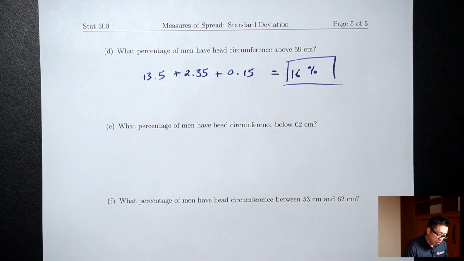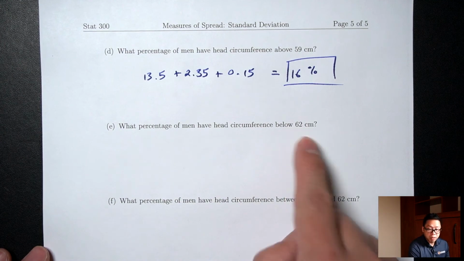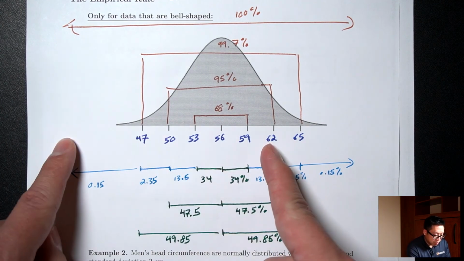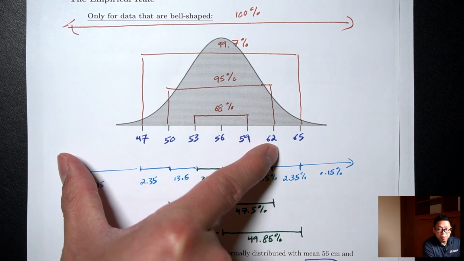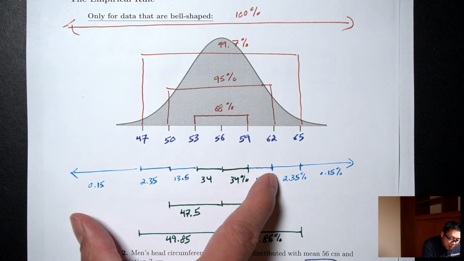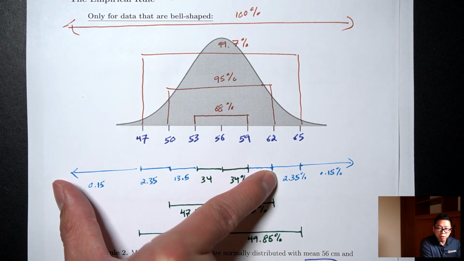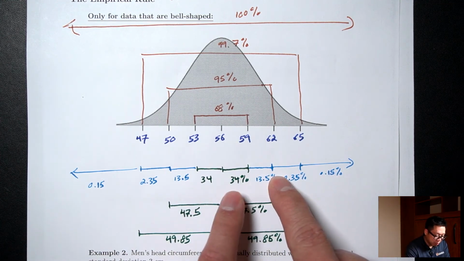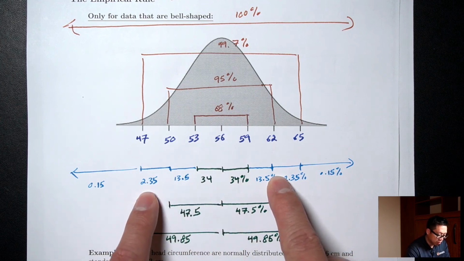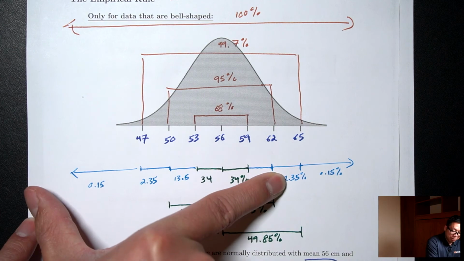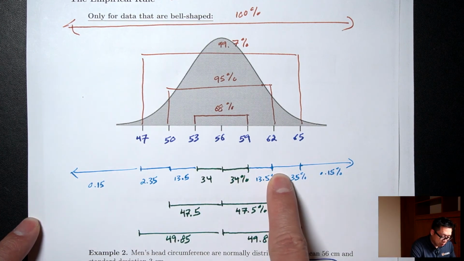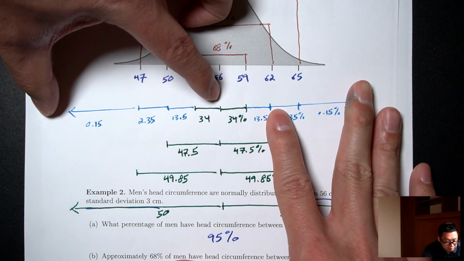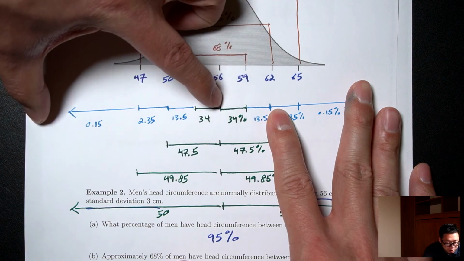Part E, what percentage of men have head circumference below 62? Below meaning to the left, so 62 all the way to the left. I want to add up all of those. But we can be smart here. You can just add up 13.5 plus 34 plus 34 plus 13.5 plus 2.35 plus 0.15, no problem, and that will get you the same answer. But I do know that this entire piece is 50.